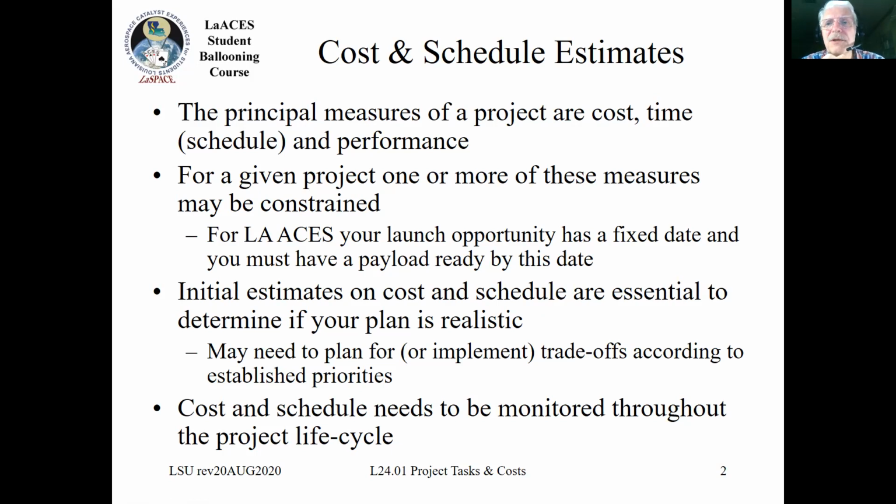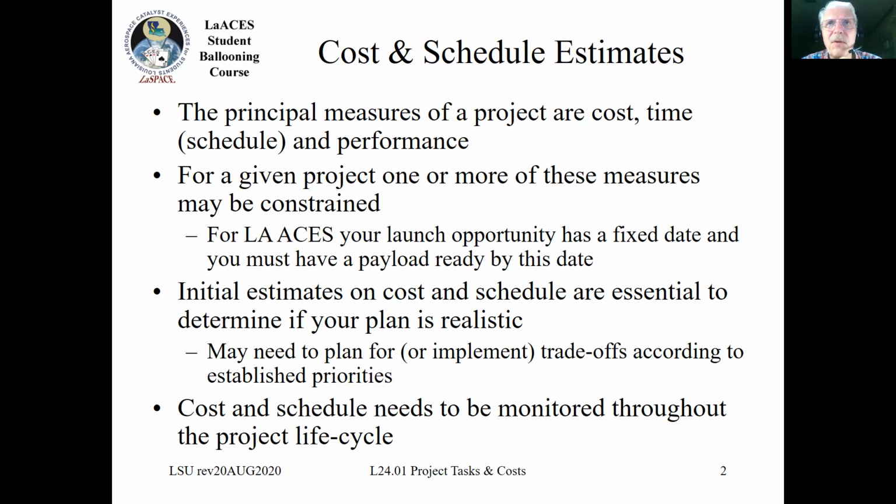So the principal measures of a project are cost or dollars, time, your schedule, and performance. Those are your primary entities associated with a project. For any particular project, one or more of these measures will very likely be constrained in some way, shape.